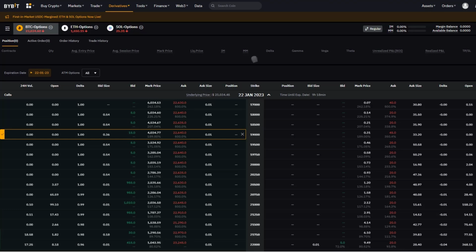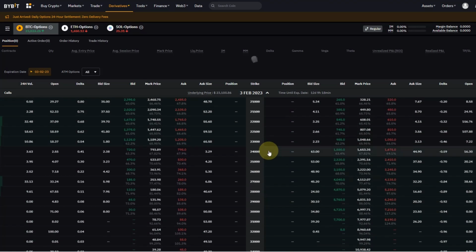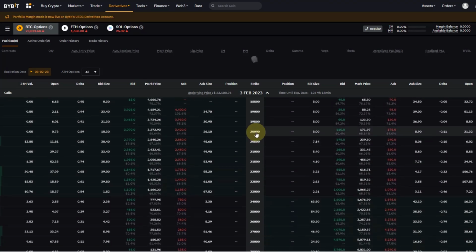Just an example. Let's say you buy a put option, right-hand side, on Bitcoin with a strike price of, let's say, 20,000. You can see that here. And let's say with an expiration date, I don't know, next month sometime. So let's say 20,000, there we'll find one here.